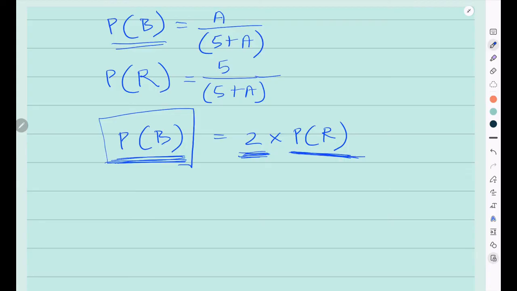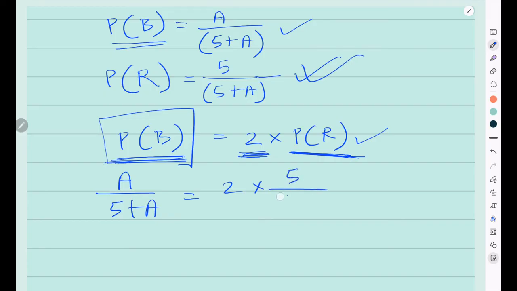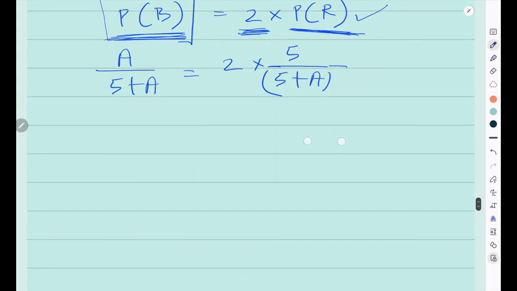Okay, so now put these values. PB, let us put A divided by 5 plus A, which is 2 times PR. What is PR? PR is 5 divided by 5 plus A. Okay, now let us try to solve it.